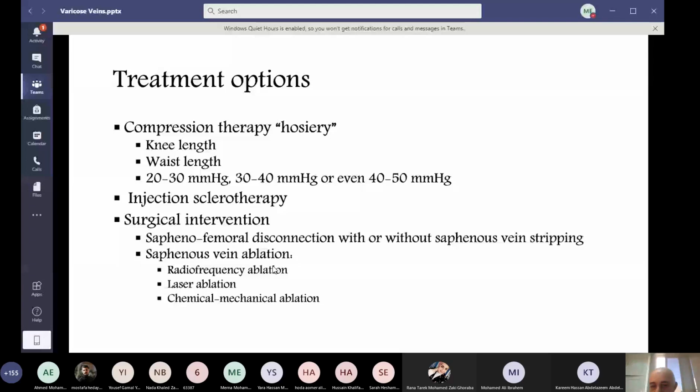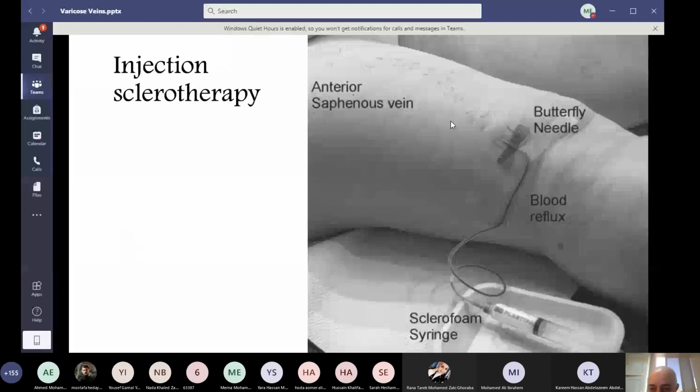This is the affected vein, and this vein needs to be injected by sclerotherapy. What is the idea of sclerotherapy? The vein is visible because it contains blood, and what you see on the surface is a reflection of the color of the blood through the wall of the vein.